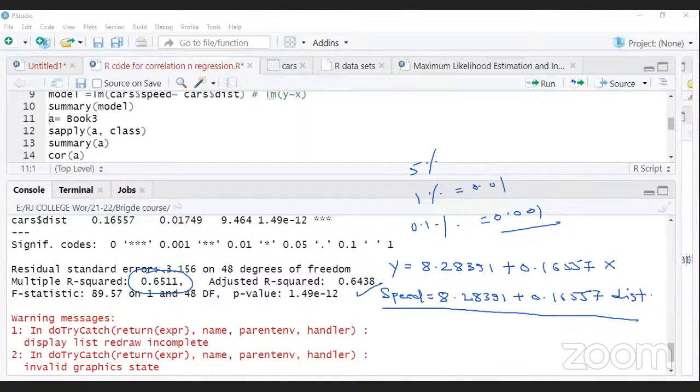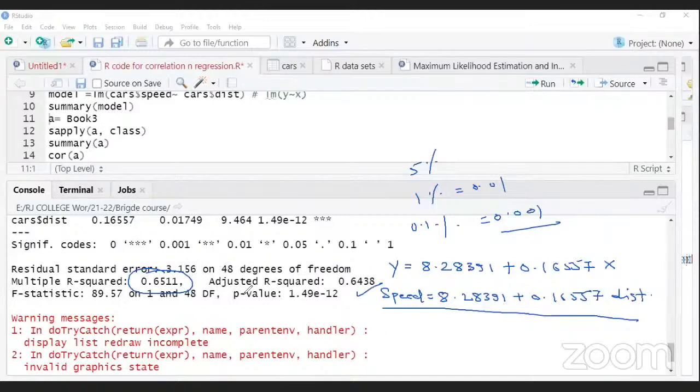So what percent of the variation in the dependent variable is explained by the independent variable? Sorry, 65% of the variation in speed is due to distance. It means my model is good.